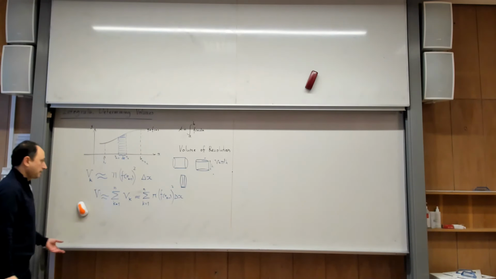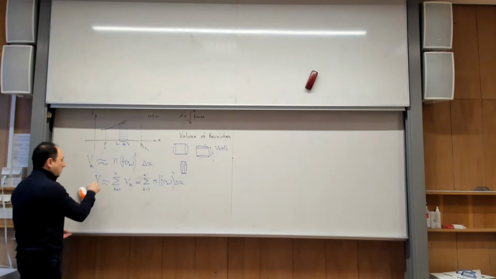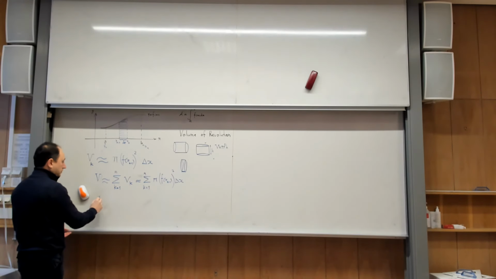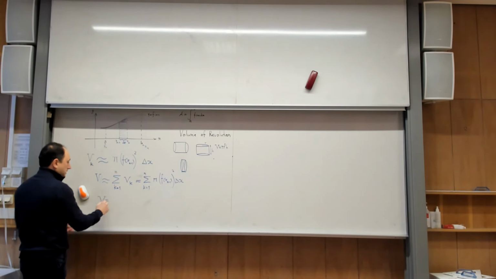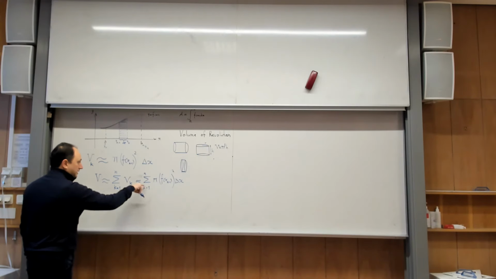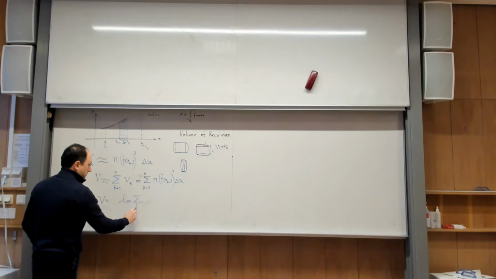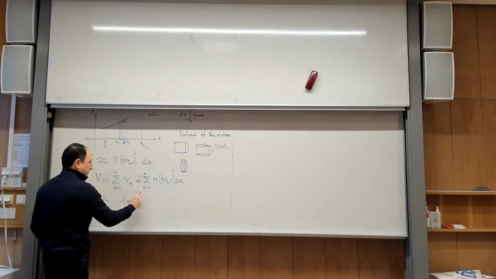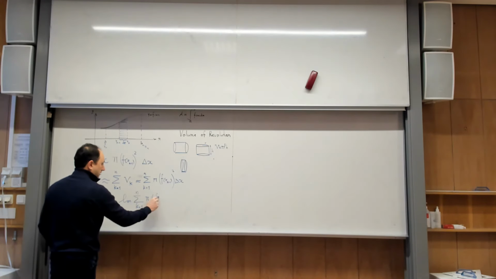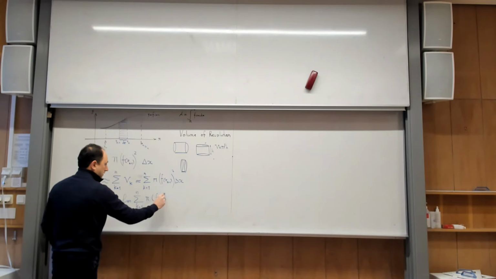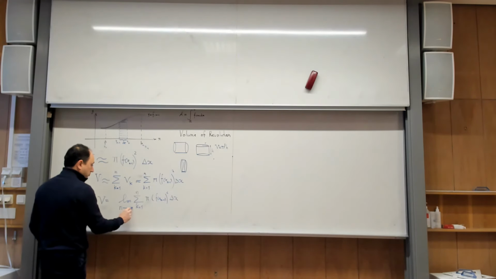But if I ask you how I can find the exact value for the volume, hopefully you say that the exact value will be the limit of this expression when the number of partitions goes to infinity.